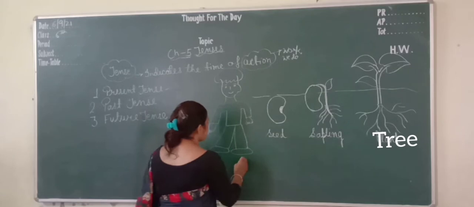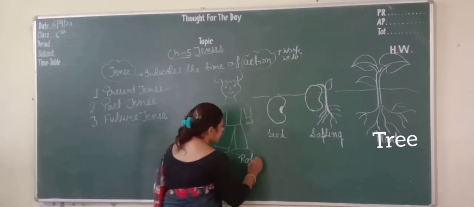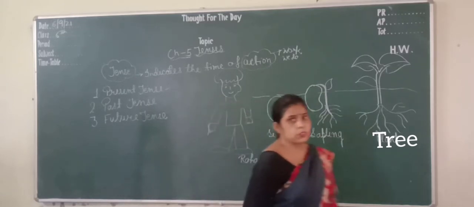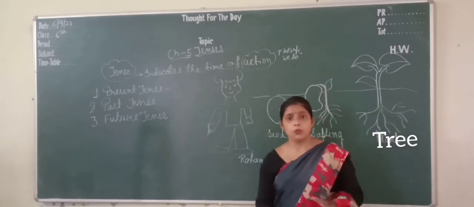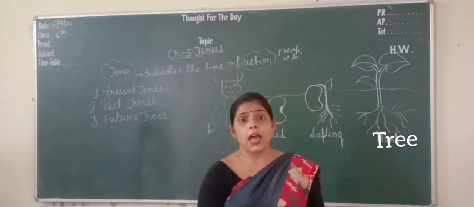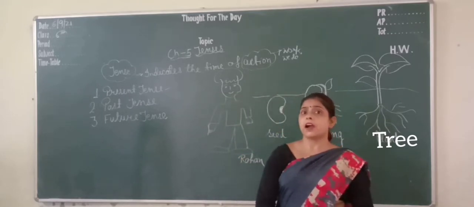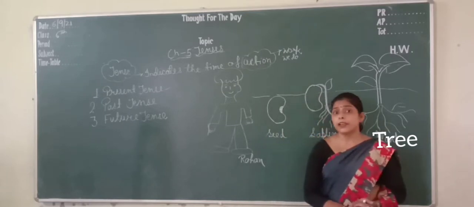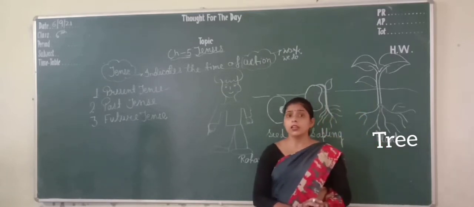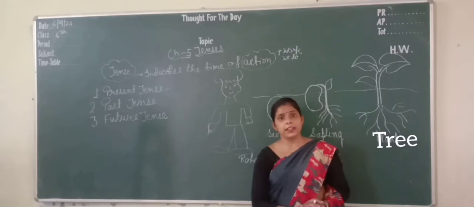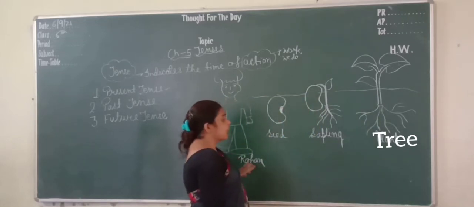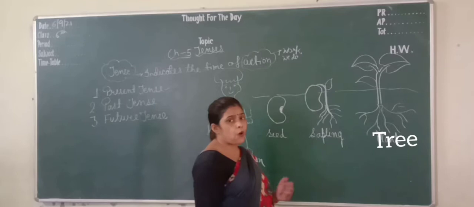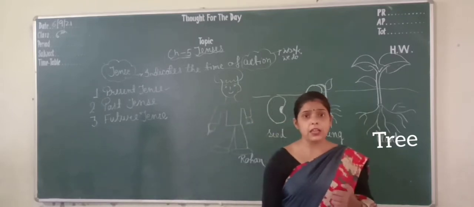This is Rohan. Rohan is very aware about environment, and he also spreads awareness about environment among his friends, relatives and neighbors. So Rohan is very happy today. Why is he happy today?